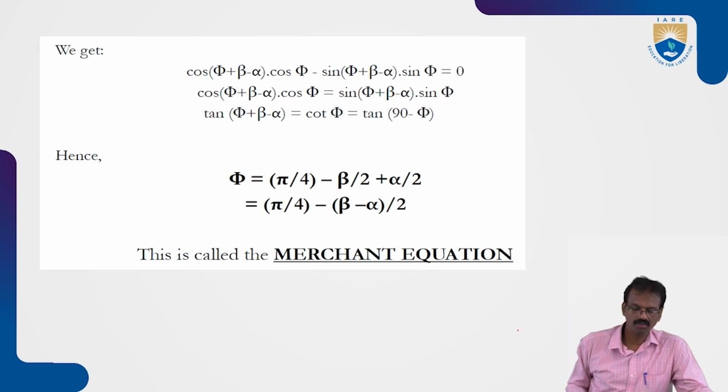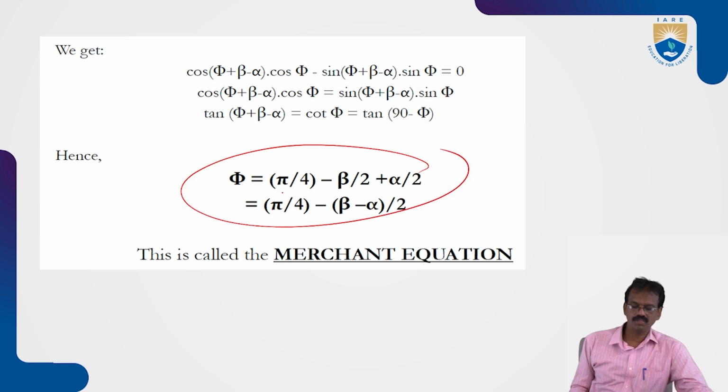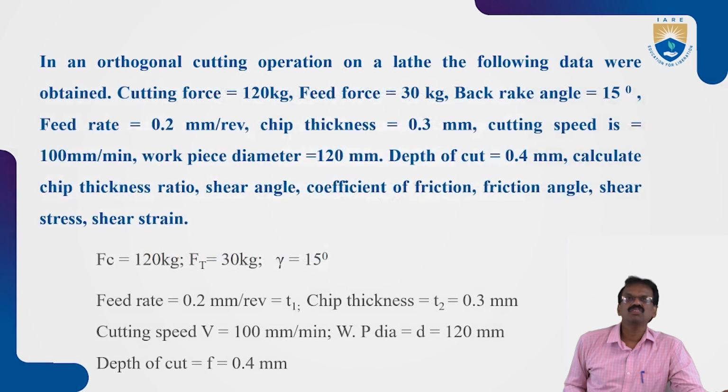If you solve this, you will finally get this relationship for phi, the Merchant equation. So these are the Merchant theory formulas to find the different forces acting in orthogonal cutting. Now we'll solve one numerical related to this Merchant circle.